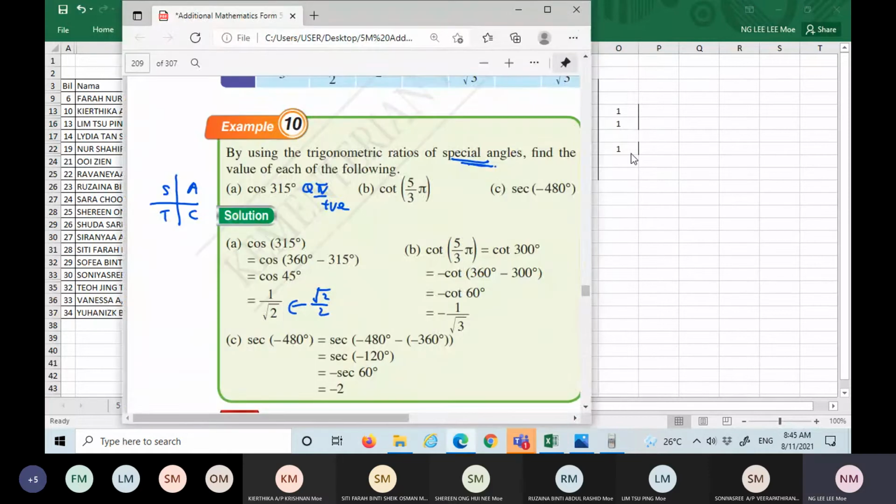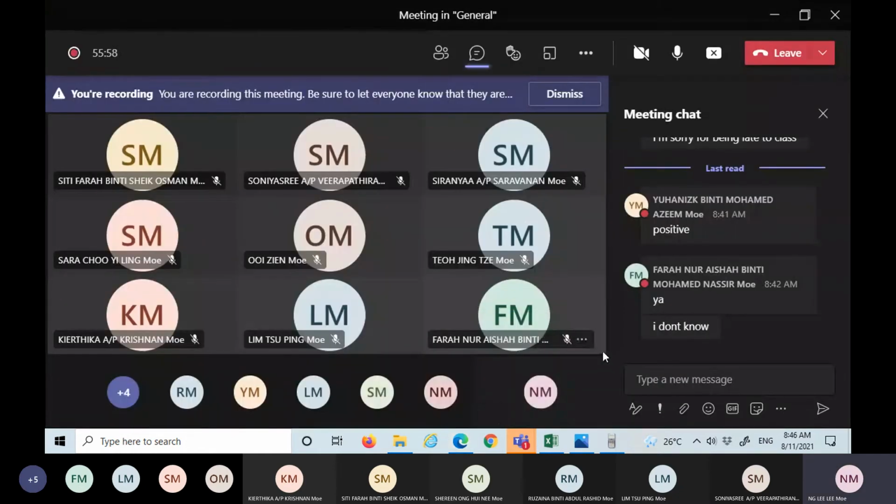Okay, next is Lydia. Okay, get ready, Lydia. Okay, next question. Now we go to B already. Okay, cotangent. Okay, Lydia, can you please tell me cotangent is a reciprocal of what? Cotangent is a reciprocal of what?